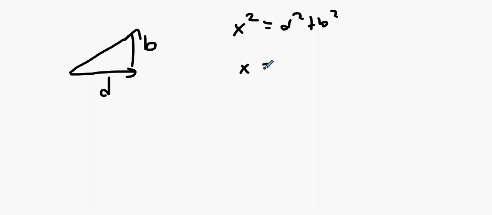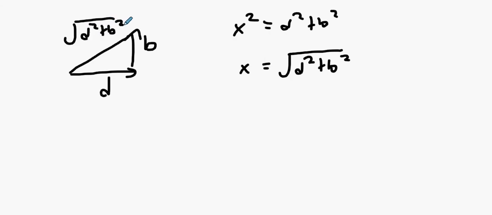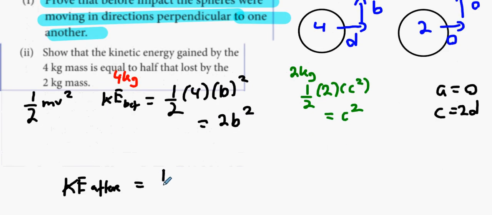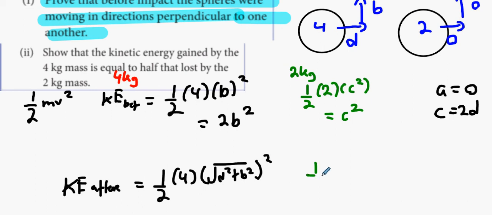I'm completely wasting time right now, but I'd just like to show why it happens. Are we cool with that? Right, that's its velocity. Okay, so that's its speed. So that's what I'm going to use. So after the collision, it's going to be a half its mass times the square root of d squared plus b squared, squared.